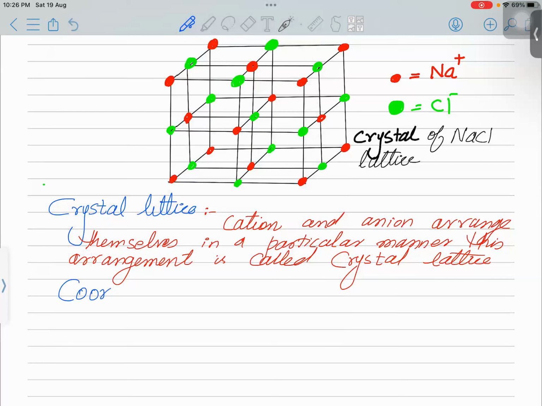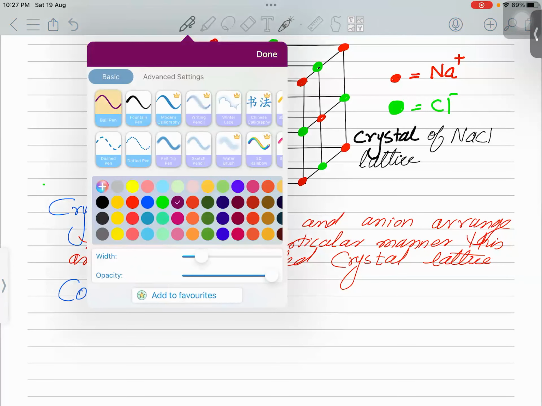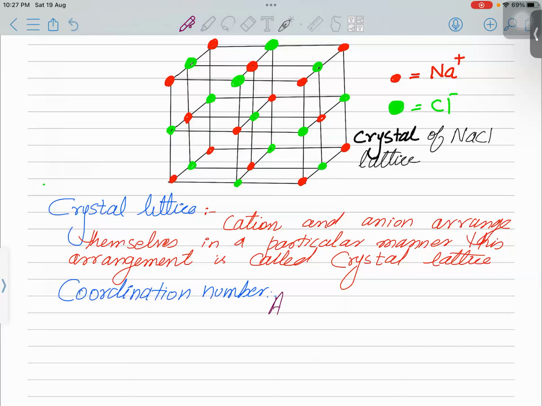Now, coordination number. Around one Na positive there are 6 Cl negative ions.